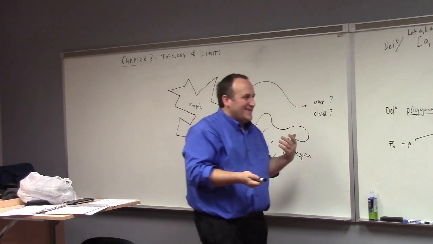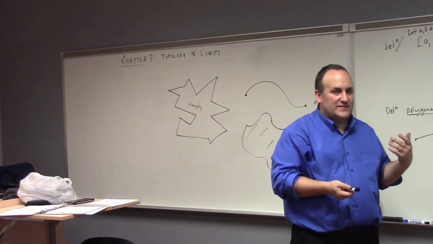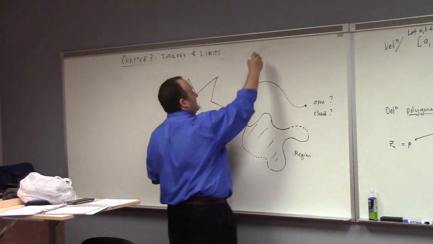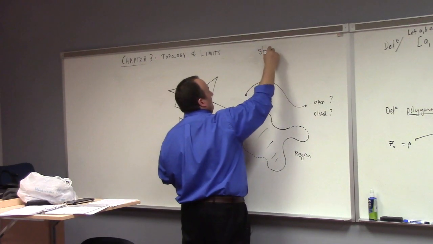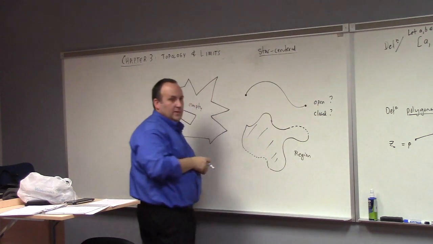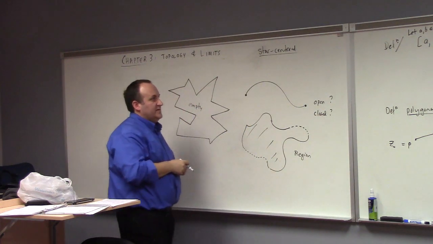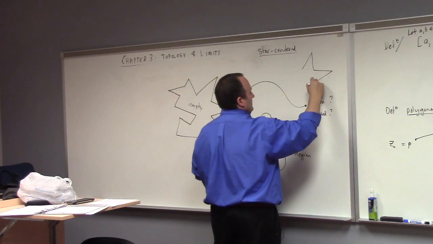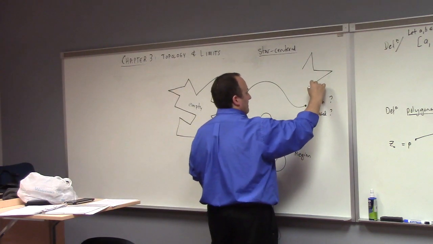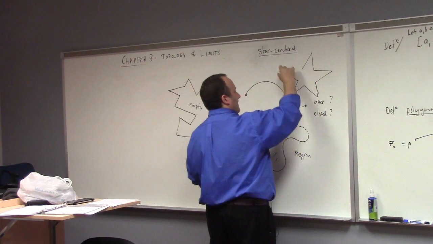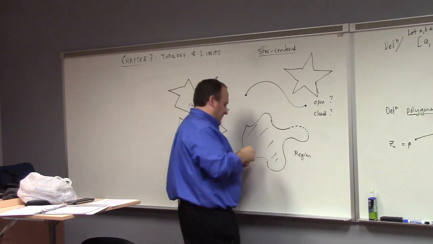Yet another terminology besides connected is star-centered. What do we mean by star-centered? So something is star-centered if it looks kind of like a star. I mean, that'll do it.